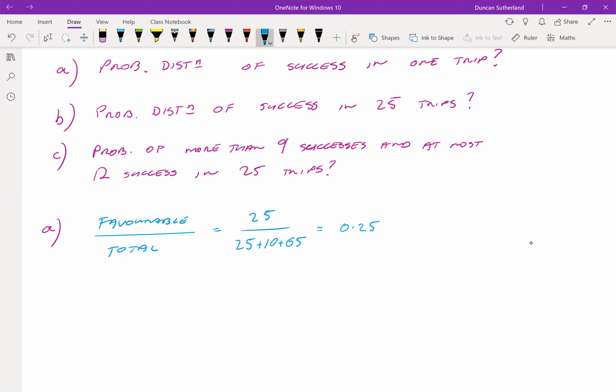That's the probability, but we're asked for the probability distribution. If you've got a single success or failure, it's called a Bernoulli distribution.